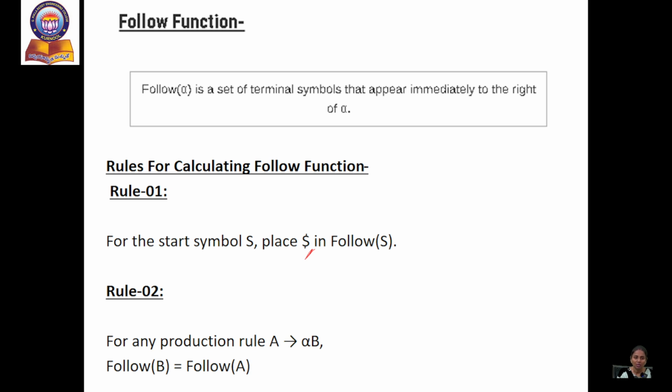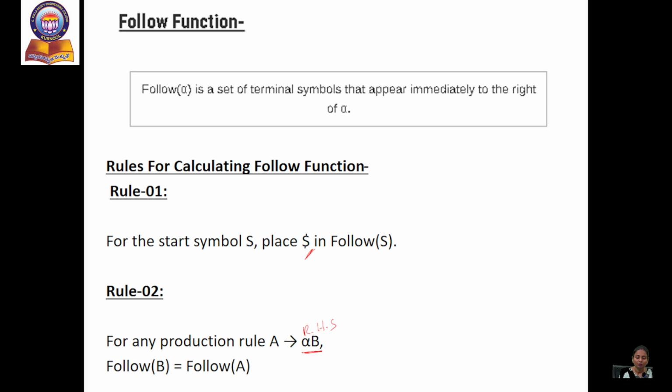And coming to the second rule, for any production rule, if it is in the format of A derives alpha B, here we are calculating a follow function for the non-terminals available at the RHS side.